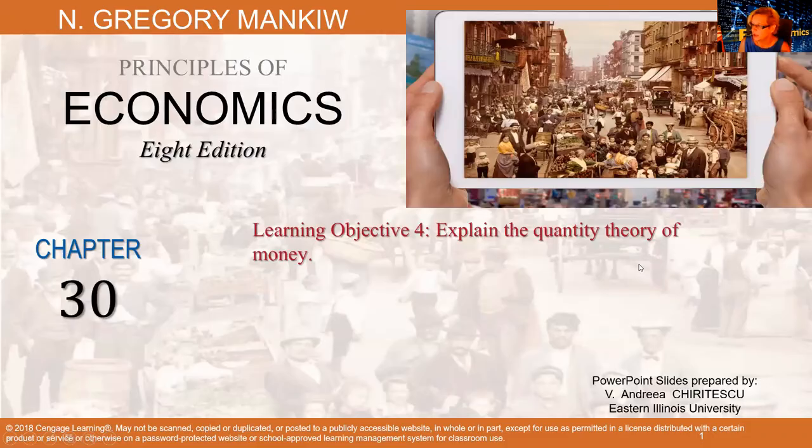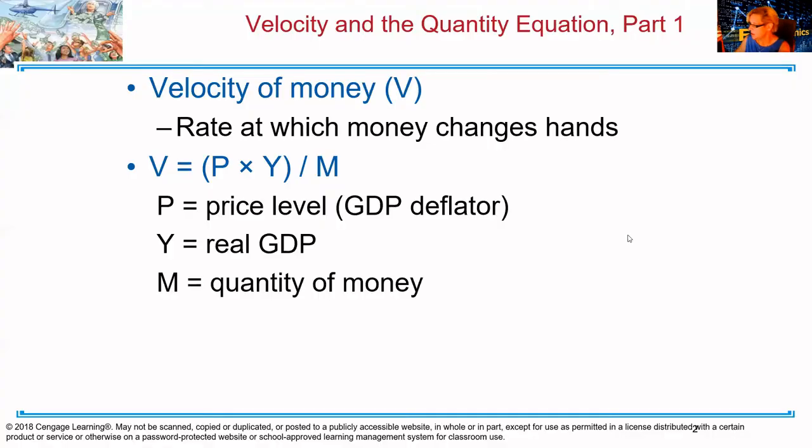Okay, so we're going to explain the quantity theory of money. I talked a little bit in the intro about the velocity of money. This is the rate at which money changes hands. It's approximately 3 currently.